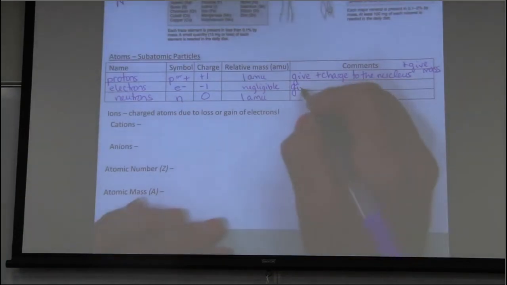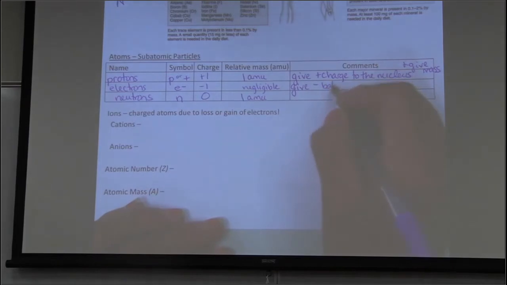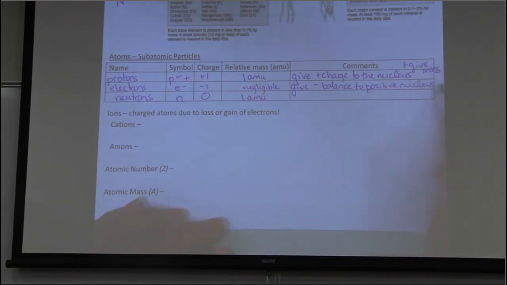Electrons give negative balance to that positive nucleus. They give that negative balance to the positive nucleus.